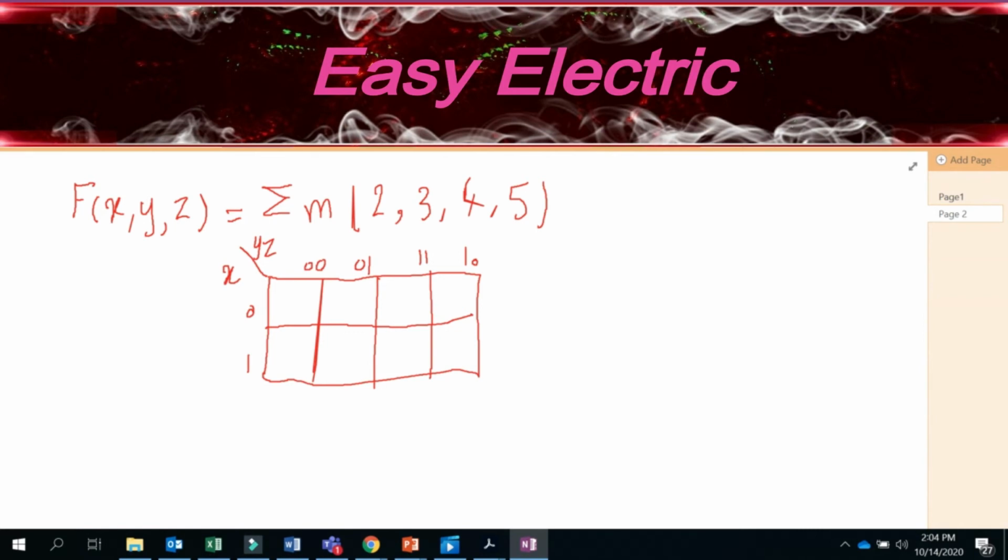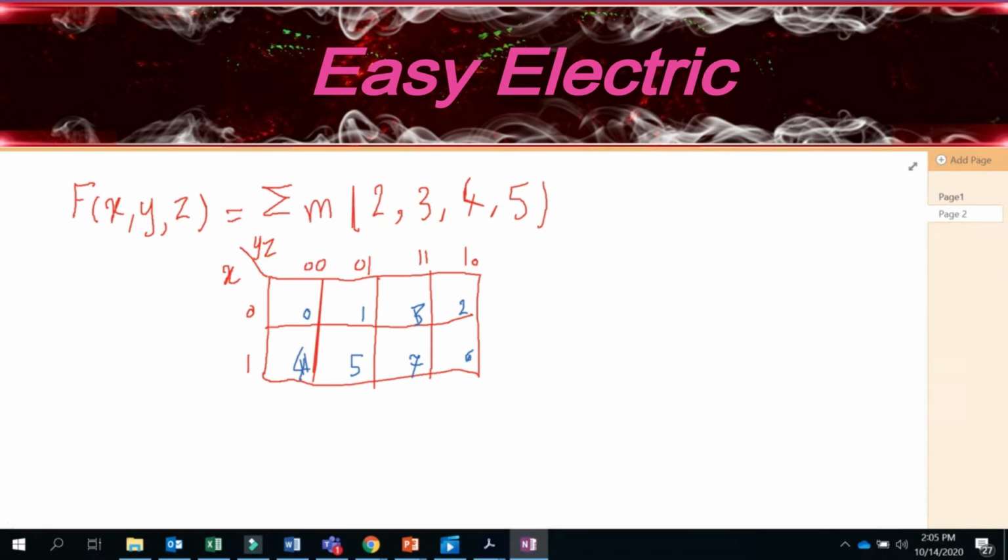Select another color for putting the name of the minterm for each square. So this should be 0, this should be 1, this should be 3, this should be 2, this should be 4, this should be 5, this should be 7, and this should be 6.